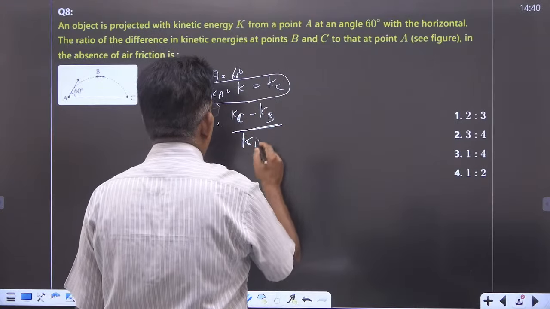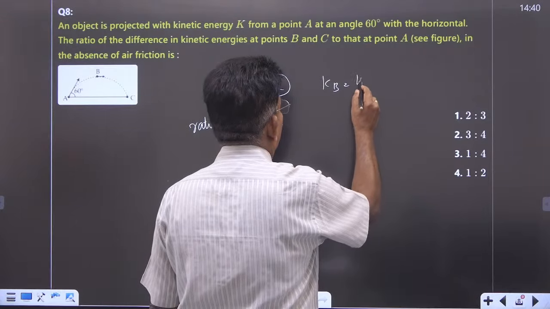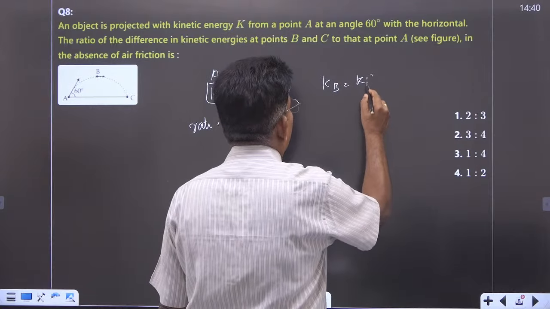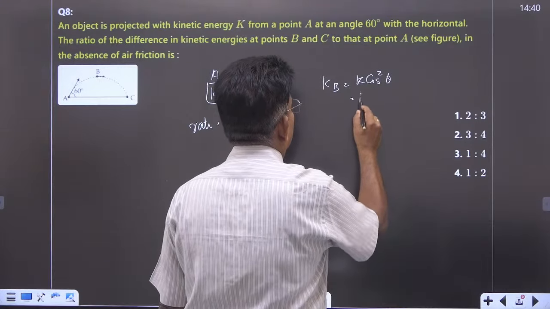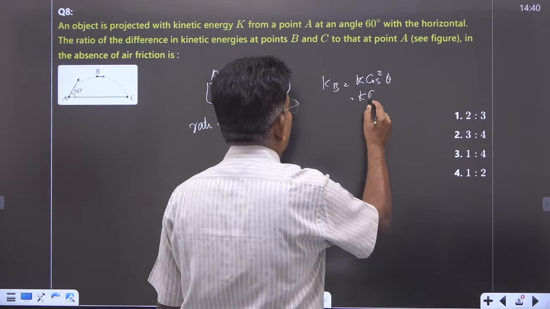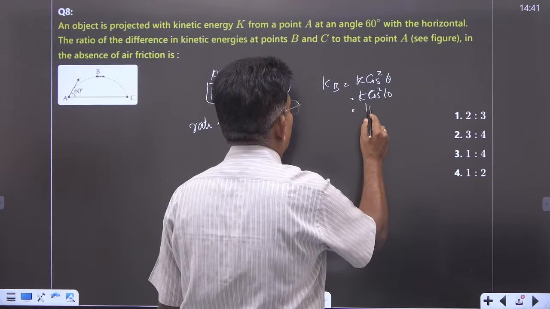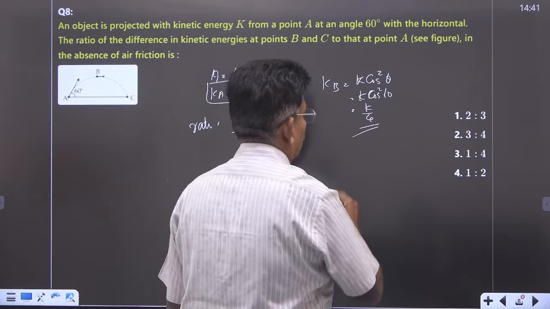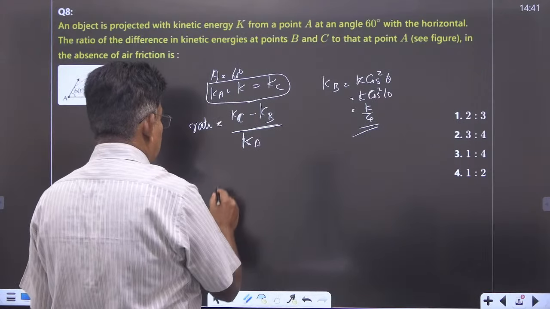Then we have a ready-made formula. Kinetic energy at B is equal to K into cos square theta. That is K into cos square 60. Cos square 60 is 1 by 4. That is K by 4. So now we have to calculate the ratio.